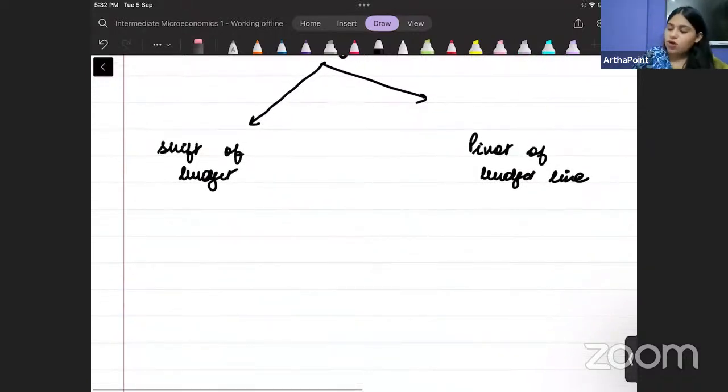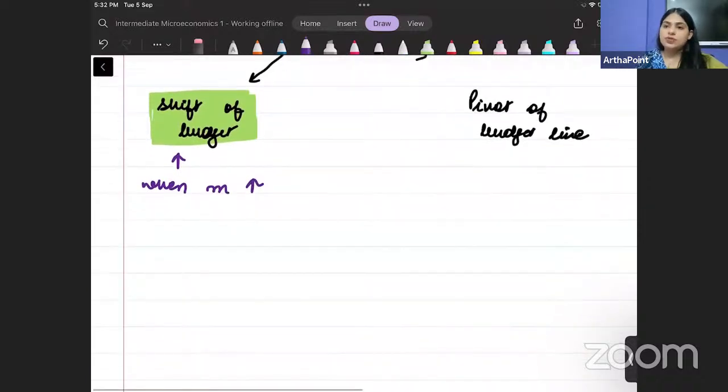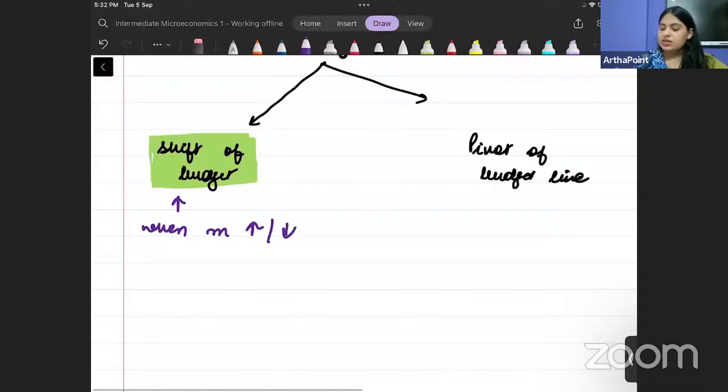Shift of the budget line comes when you change the income of the consumer, increase or decrease the income.